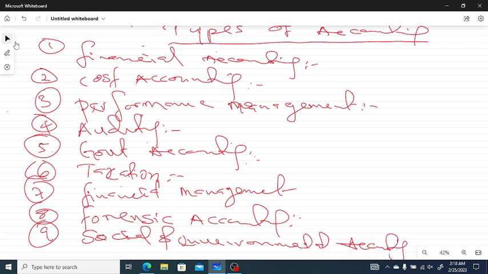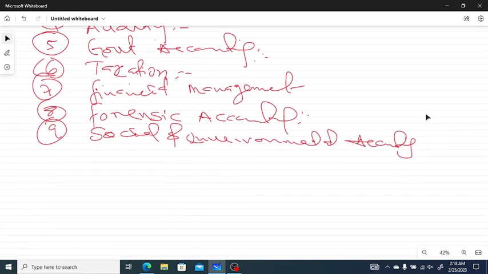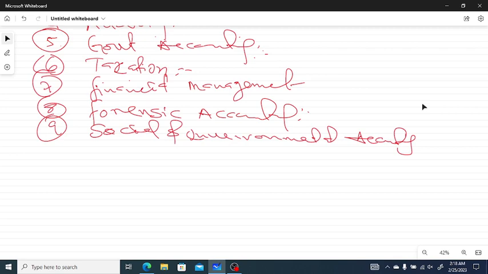This social and environmental accounting is the branch of accounting that deals with accounting for and reporting of the social and environmental impact of an entity's activity upon the stakeholders. Those stakeholders are investors, management, employees, customers, suppliers, and local communities, that is, the host community.